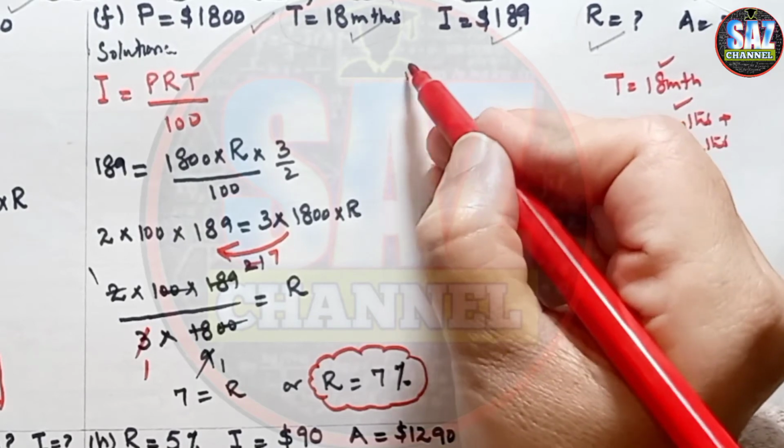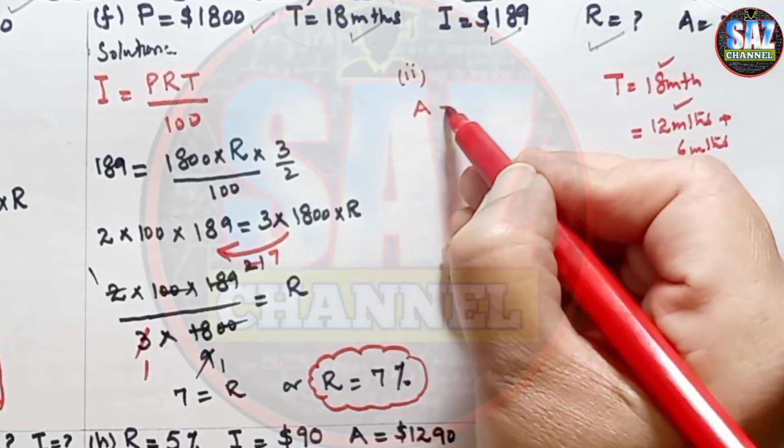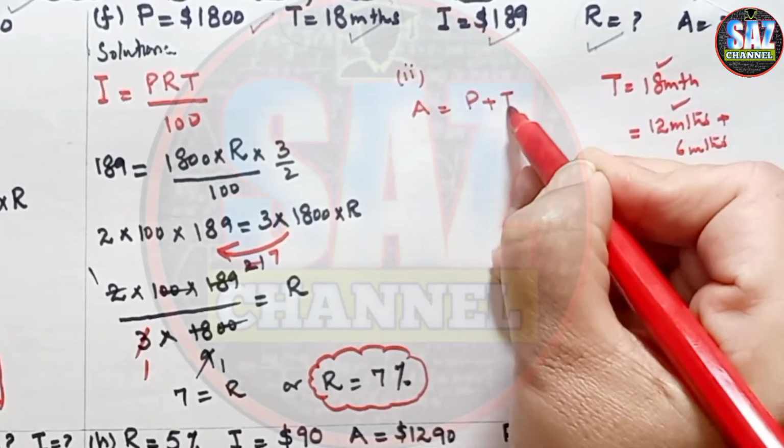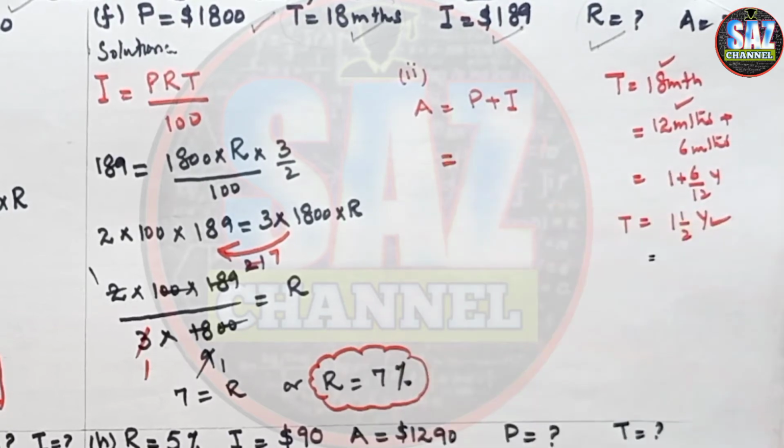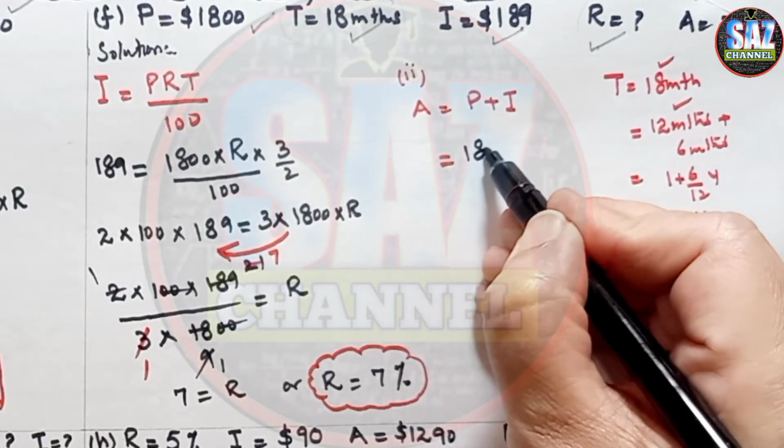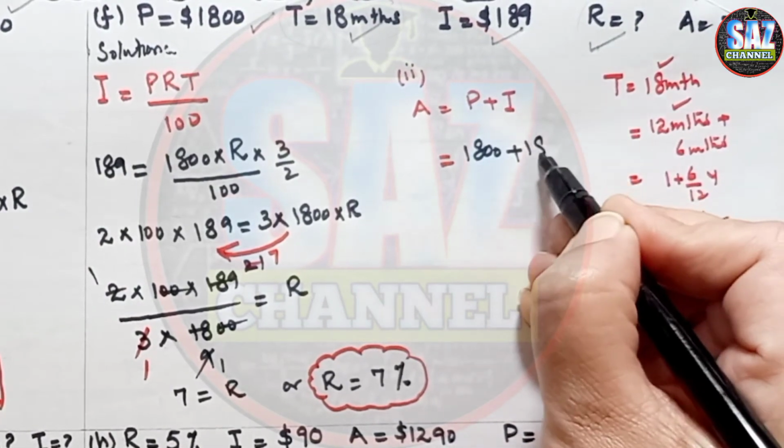Amount is missing here. The formula for the amount is amount equals principal plus interest, and the principal given in the question is 1800 plus 189.